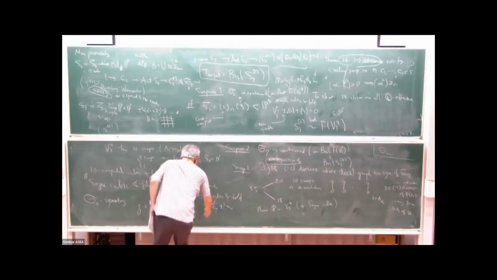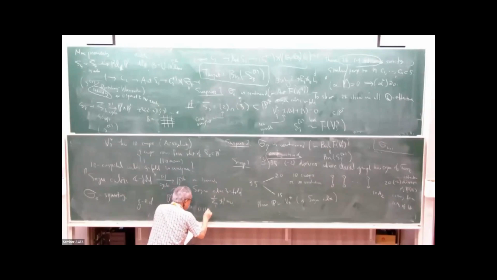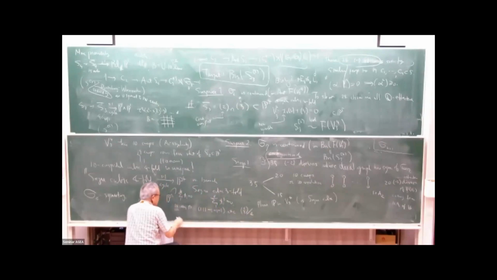So 10 singular points are indexed by this one, 1, 1, 1, minus 1, minus 1, minus 1, etc. And on the other hand, you also have 15 planes.